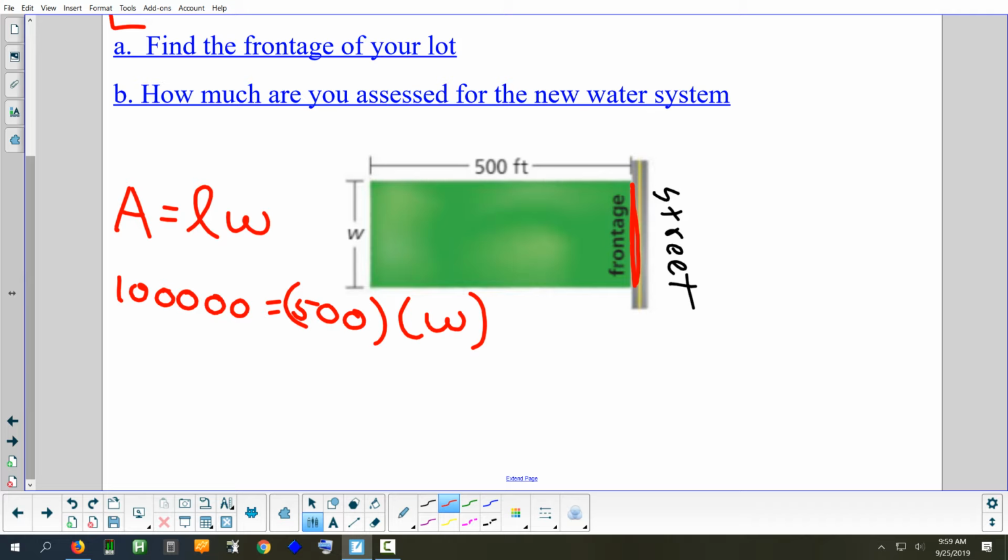Now, Blake, is this a literal equation? What did I say a literal equation was? Look back at your notes. First thing, right at the top. An equation with two or more variables.